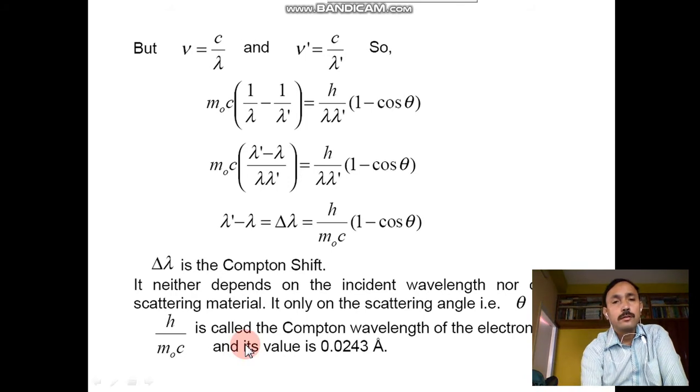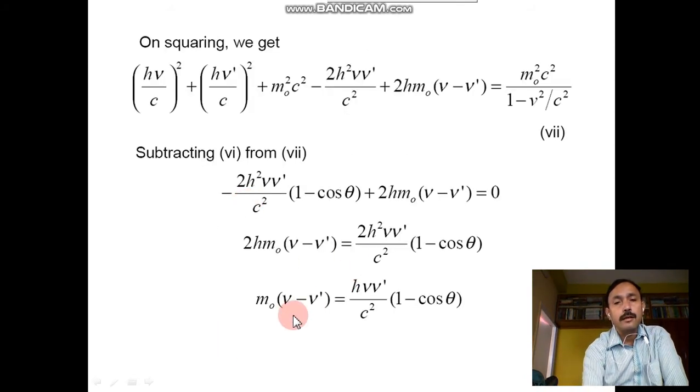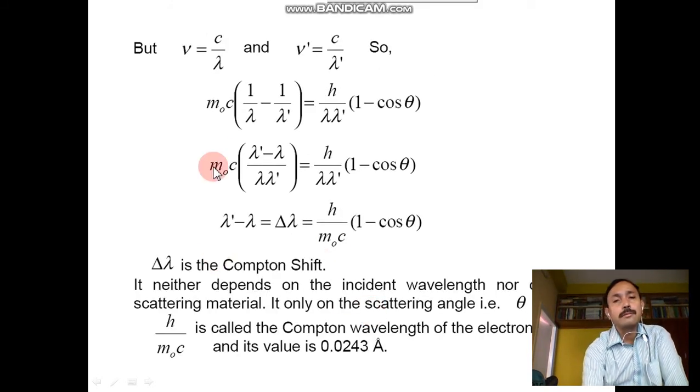So from this equation, as m naught is common, c by lambda minus c by lambda dash, taking m naught c common, this becomes 1 by lambda dash minus 1 by lambda. So this one becomes m naught c (1 by lambda minus 1 by lambda dash) is equal to h by (lambda into lambda dash) (1 minus cos theta).